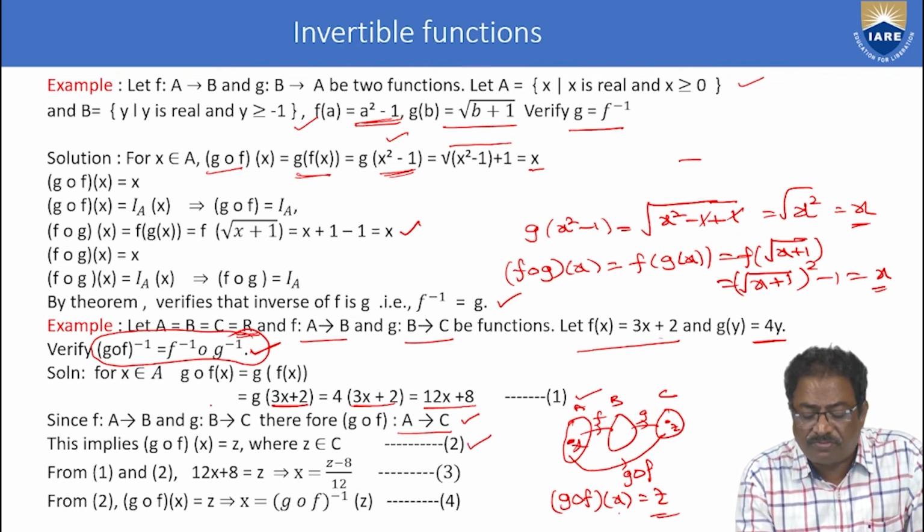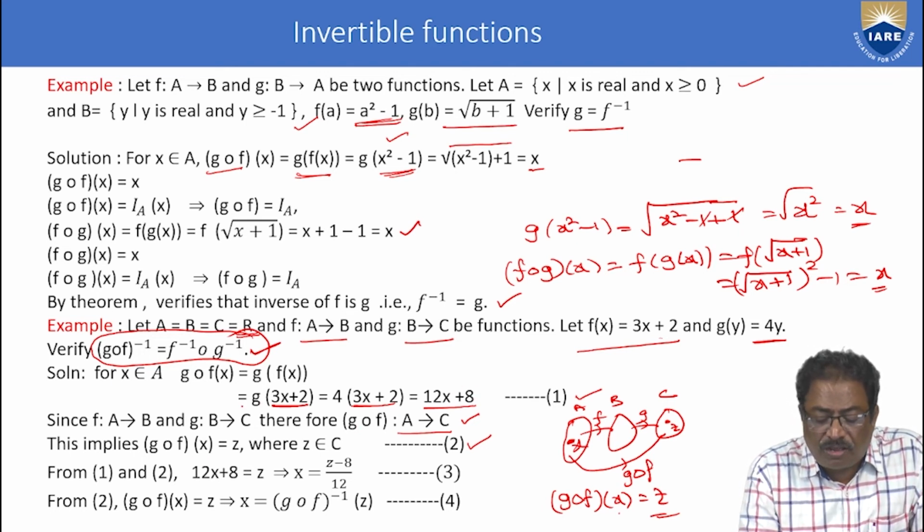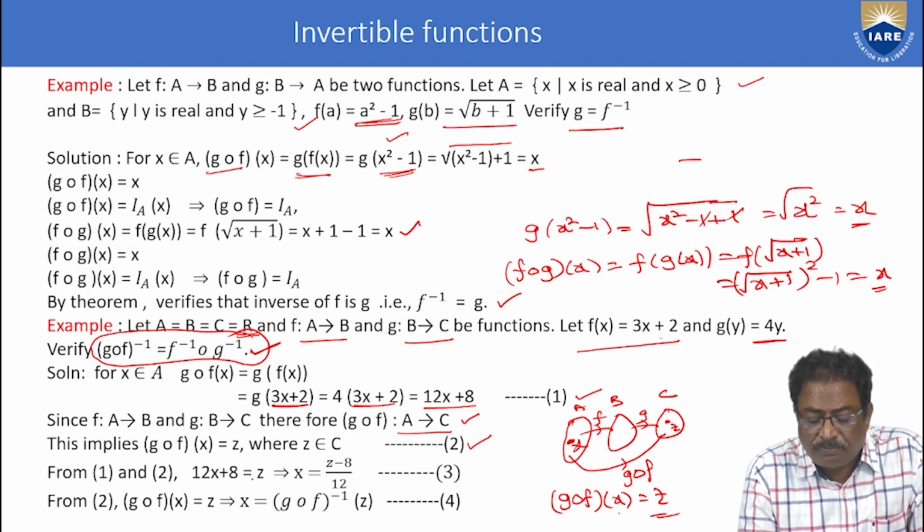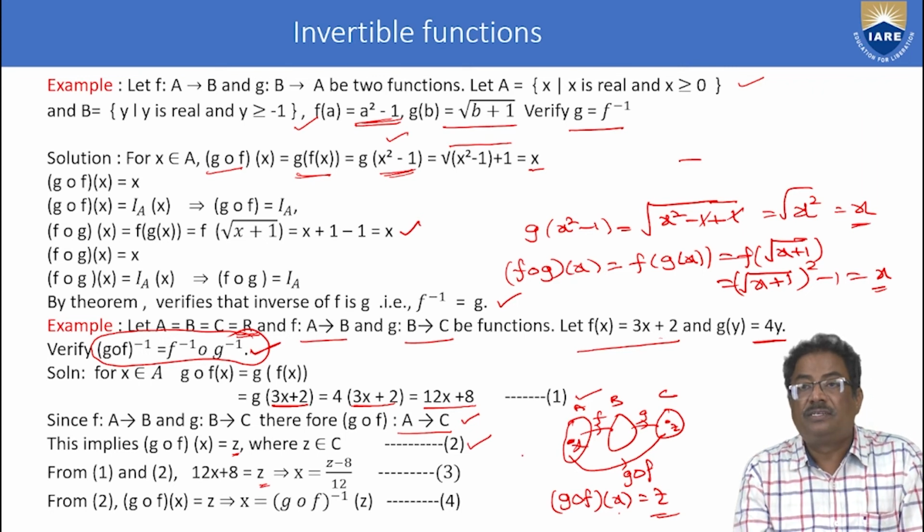What is g of f? It is given already, 12x plus 8. So I am going to substitute 12x plus 8, which is equal to z.